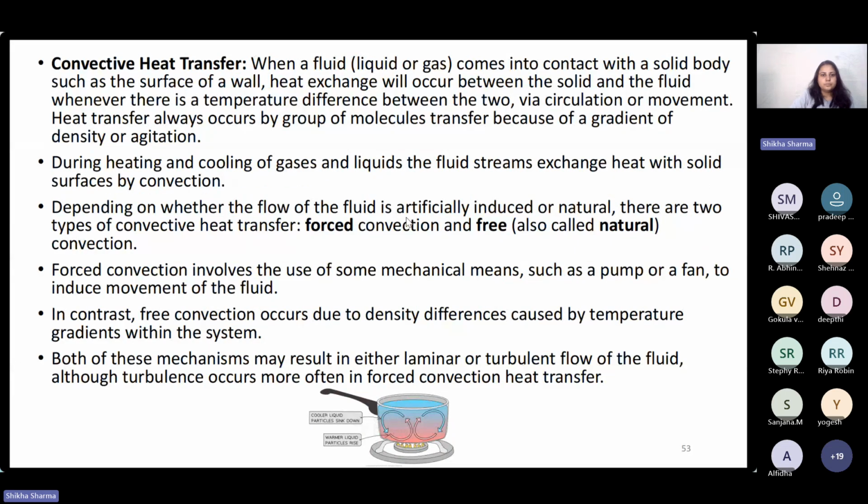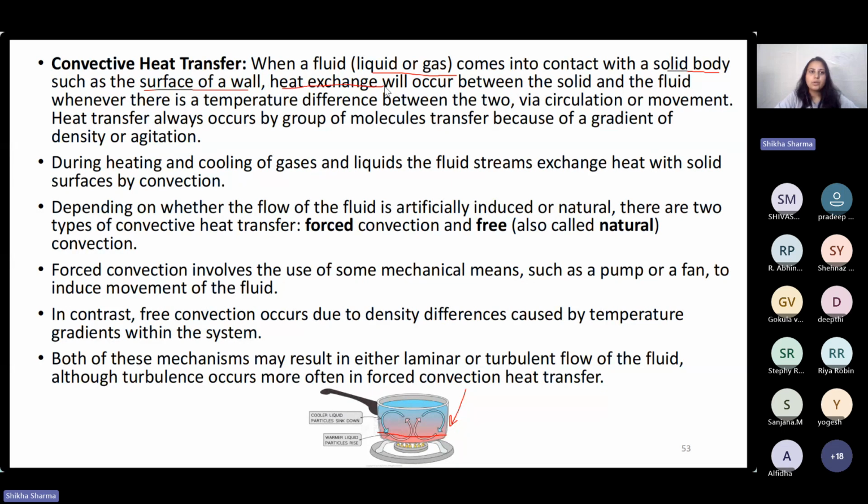Next is convective heat transfer. When a fluid, meaning liquid or gas, comes into contact with a solid body, such as the surface of a wall, like a heated container wall with liquid coming in contact with it, that is convection.